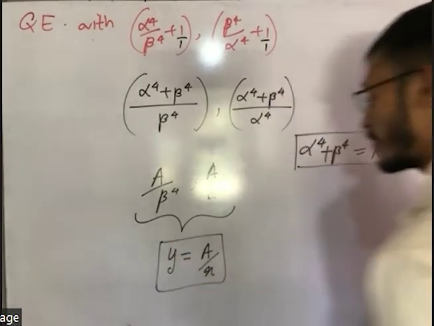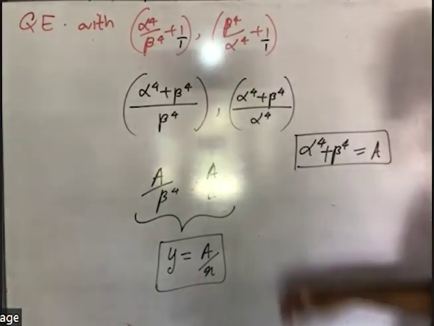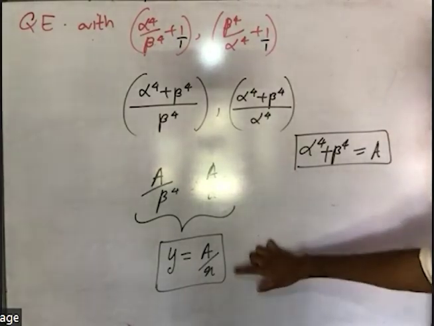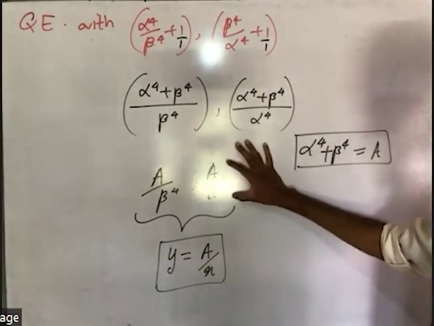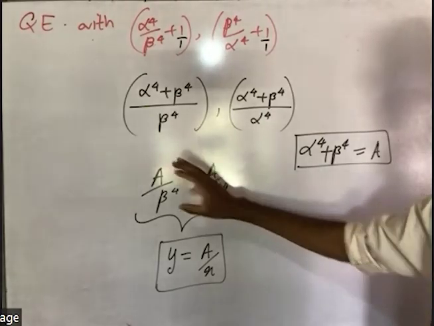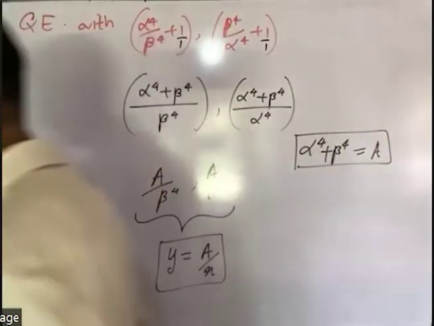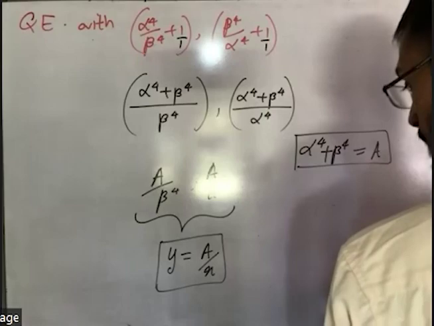Now, if you know that x equal to alpha to the power 4, right? So when x equal to alpha to the power 4, you will get the first root. When x equal to beta to the power 4, you will get the second root, right? So let's find the roots.